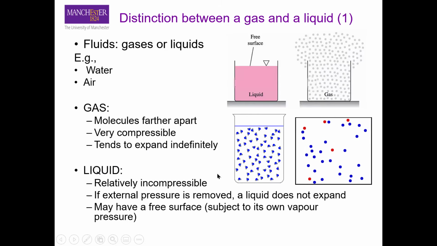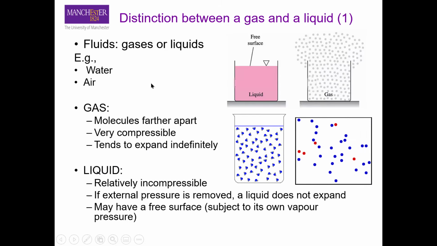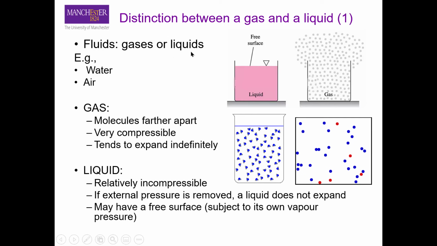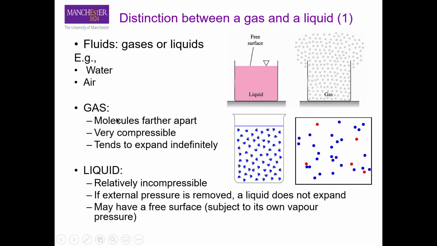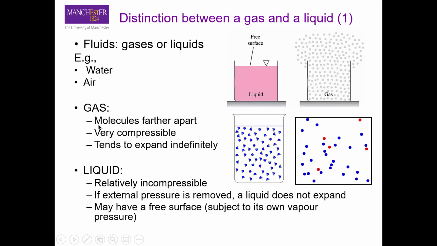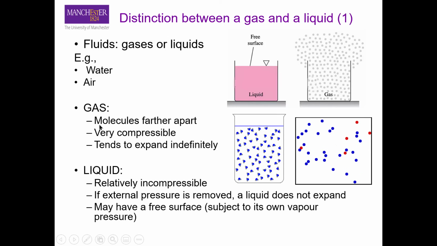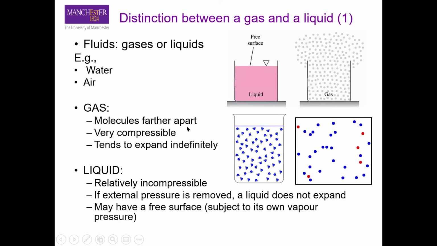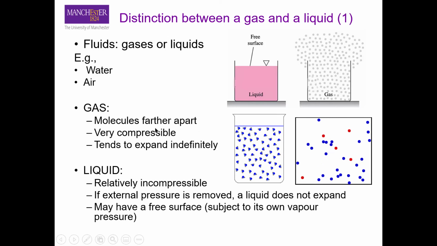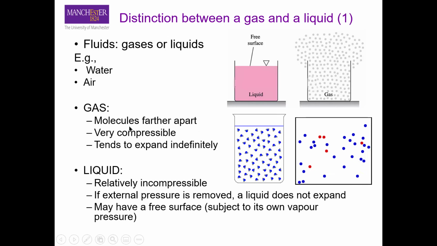So we have two types of fluids: gases and liquids. In the case of gases, if we again look at their molecules, we can see that the molecules are further apart from each other and have very weak intermolecular forces.